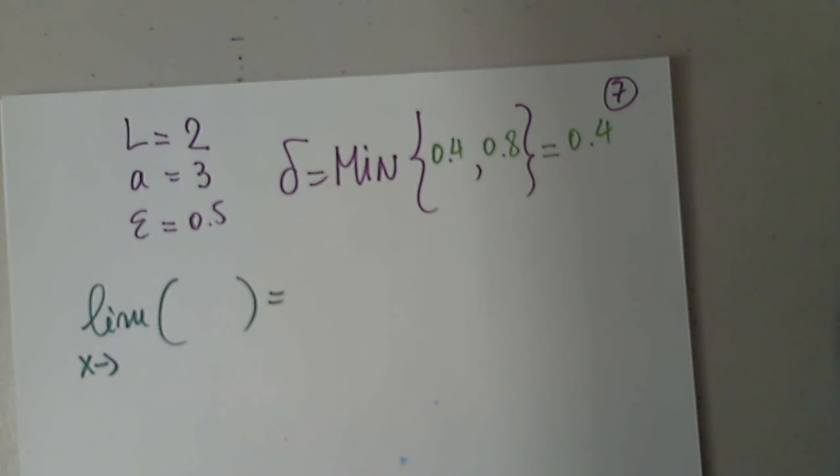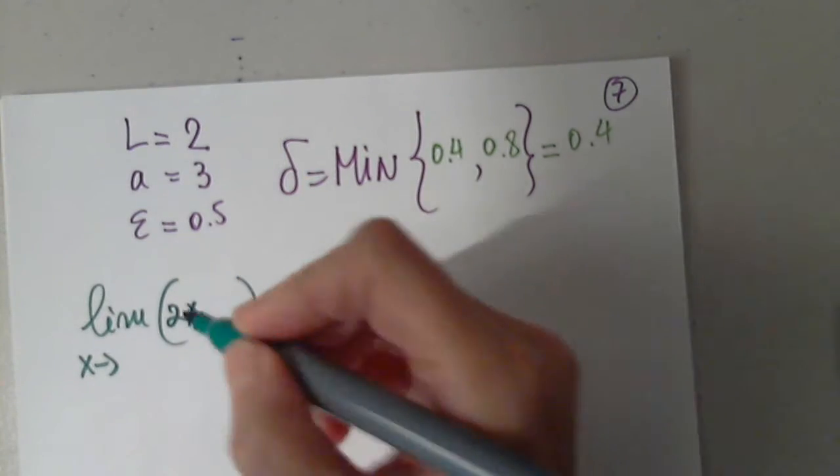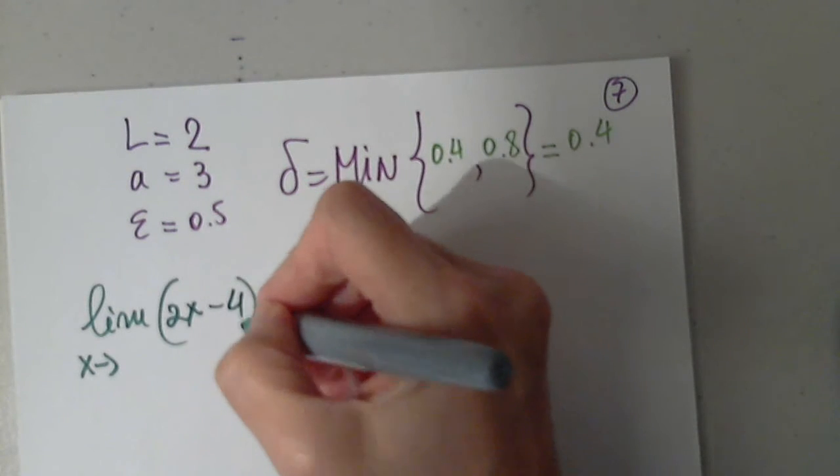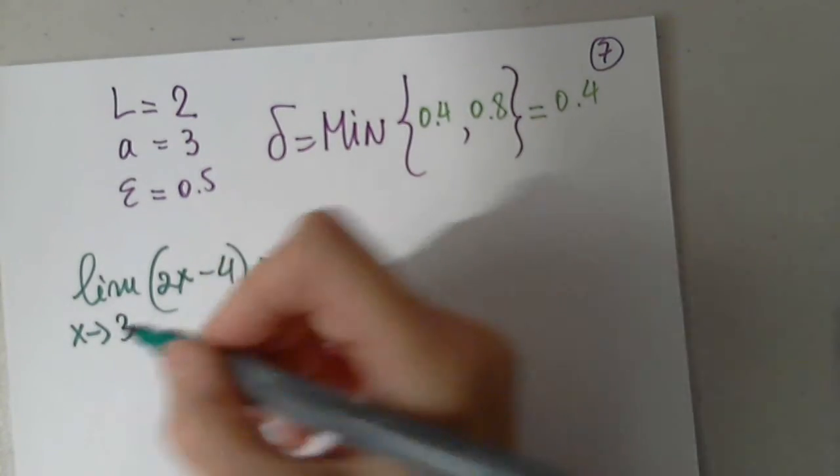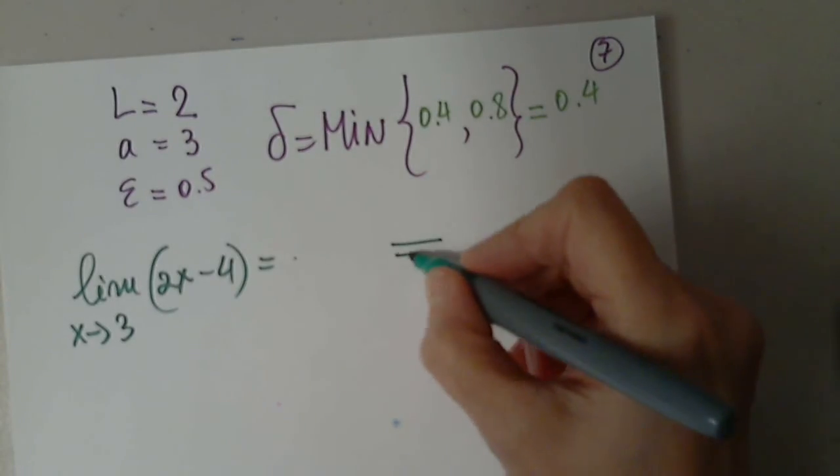X squared. That's not linear. 2x. Let's say minus 4. And give me an a. X approaches 3. Excellent. What is the limit, please?